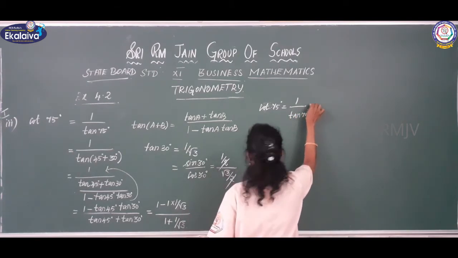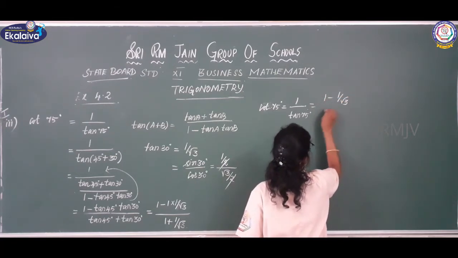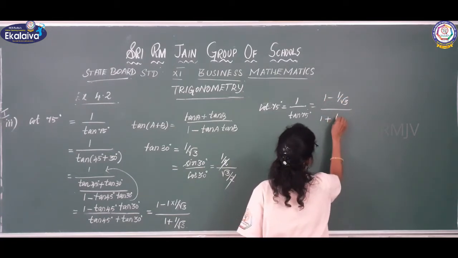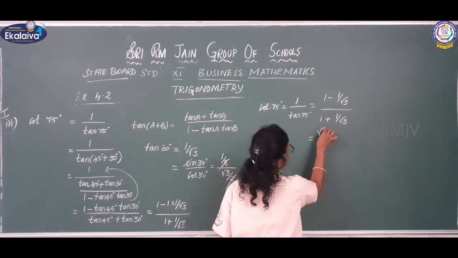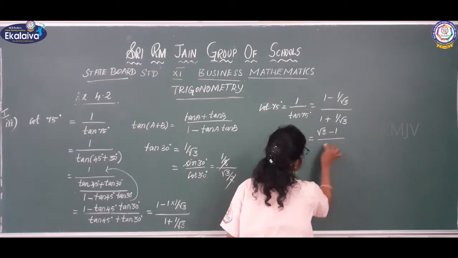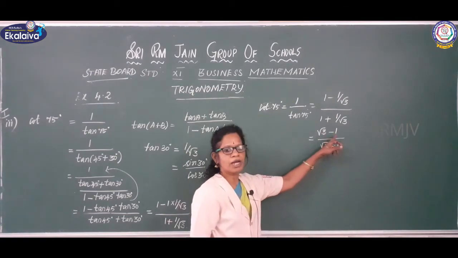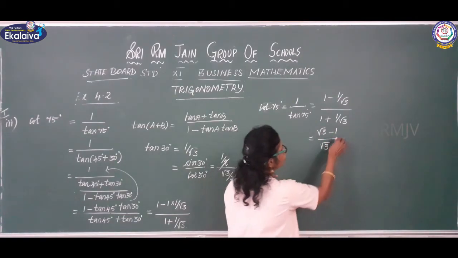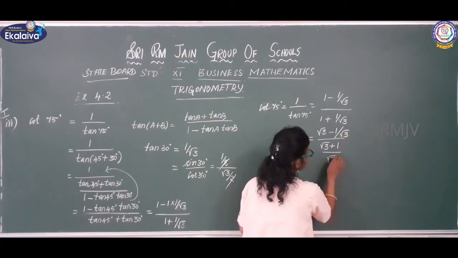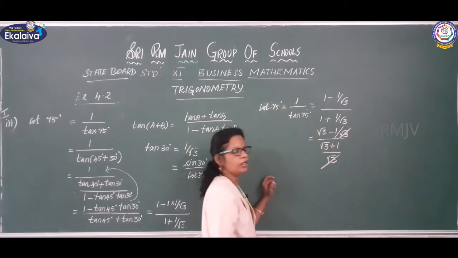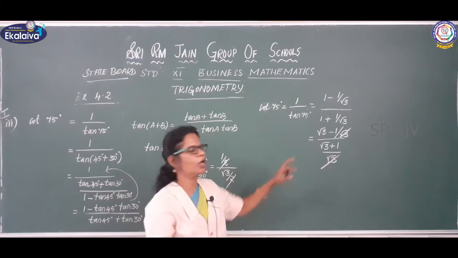I arrived here at 1 minus 1 by root 3 divided by 1 plus 1 by root 3. Then you have to take a reciprocal. Root 3 minus 1 divided by root 3 plus 1, right? Root 3 minus 1 by root 3 divided by root 3 plus 1 by root 3. Cancel, right?